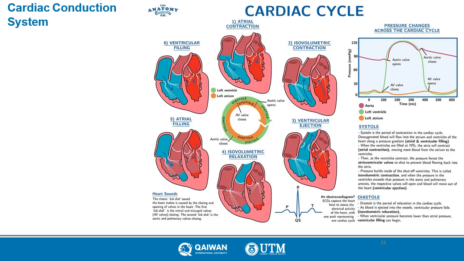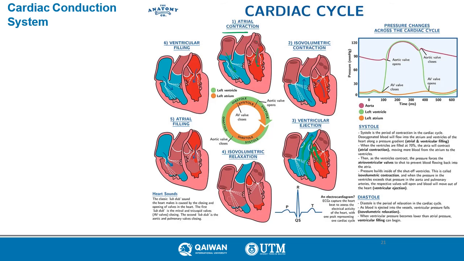So this is the cardiac cycle. Atrial contraction: the blood will be moved from the atria to the ventricles. Then isovolumetric contraction, where both of them are contracted. Then ventricular ejection, the blood will be pushed to the aorta and pulmonary artery.